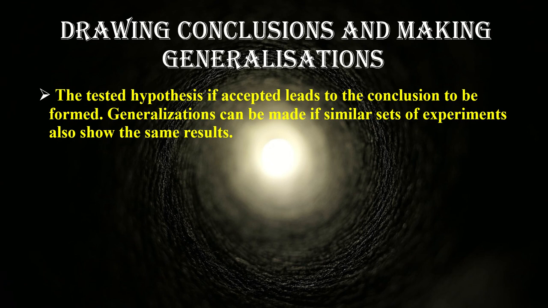That means when pressure increases, boiling point also increases. When pressure decreases, boiling point also decreases. They can generalize this by conducting different experiments, and they always provided the same result.